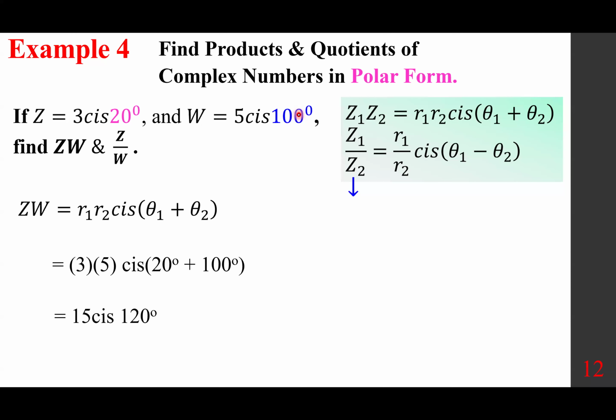All right. What about their quotient? We use this formula. R1 over R2, 3 over 5, cis theta 1 minus theta 2, 20 minus 100.